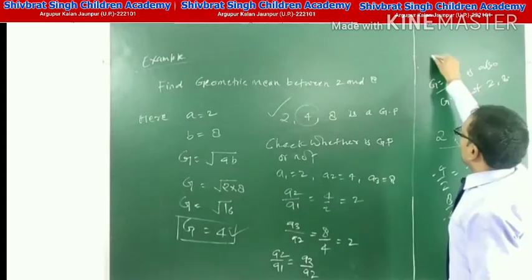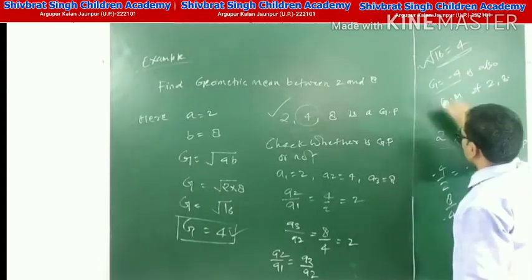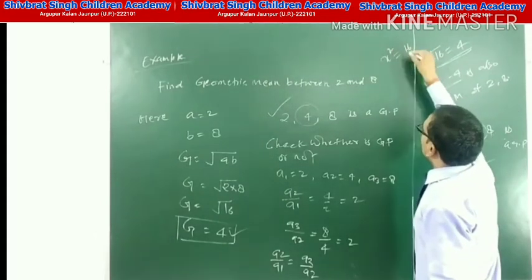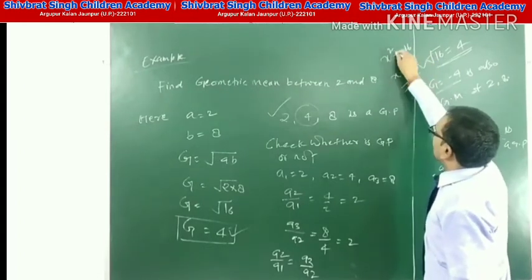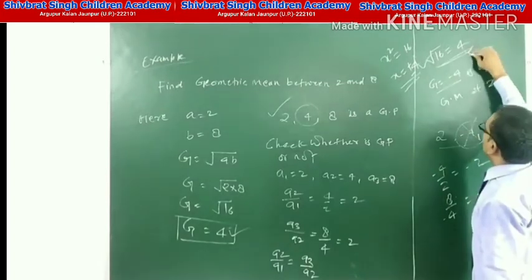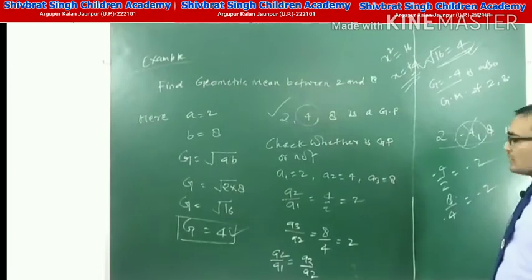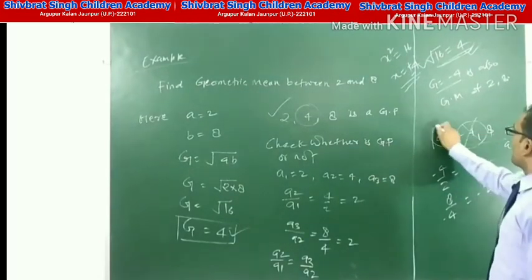Square root of 16 only gives the value 4, whereas x squared equal to 16 gives x equal to plus minus 4. The square root of 16 is always positive. -4 is not a geometric mean of 2 and 8.